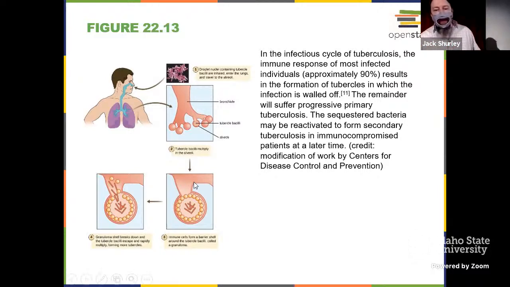This granuloma basically forms a shell or a wall around the bacteria, trying to keep it from proliferating. That's sort of effective until it's not, as we see right here. As that granuloma gets dispersed, it allows the bacteria that have replicated to be released, to disperse, and for that infection to continue.